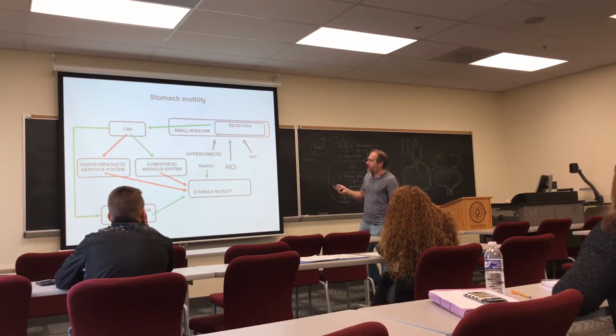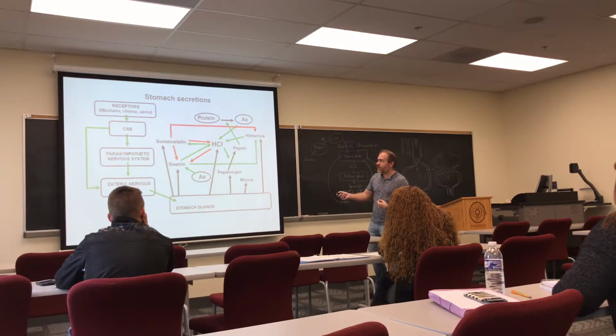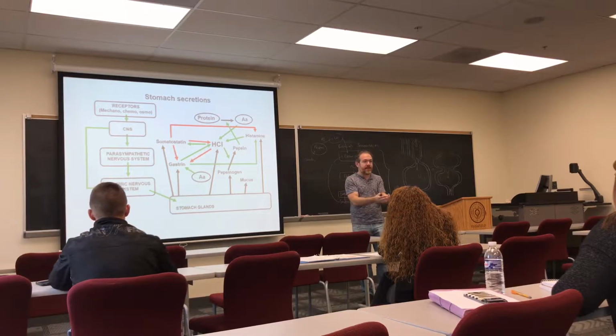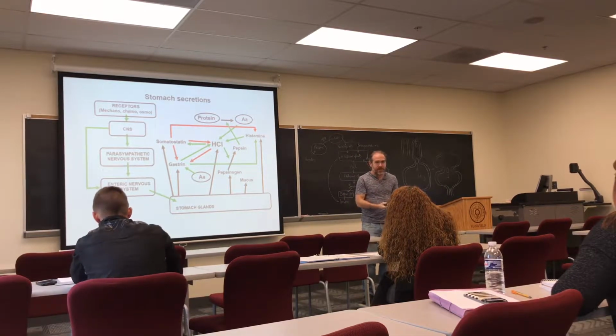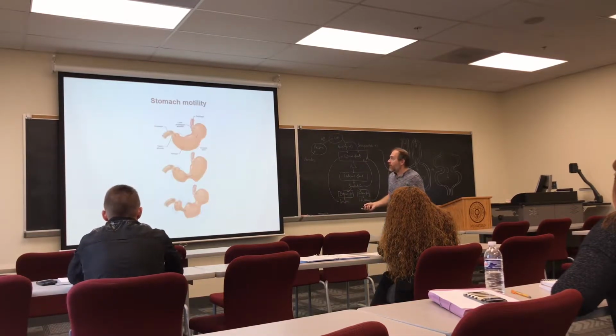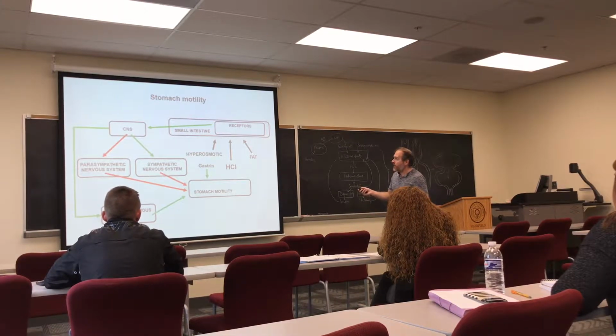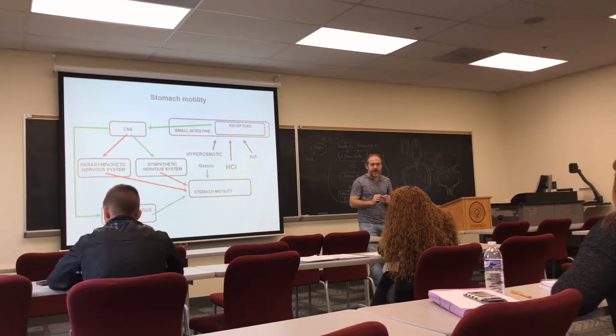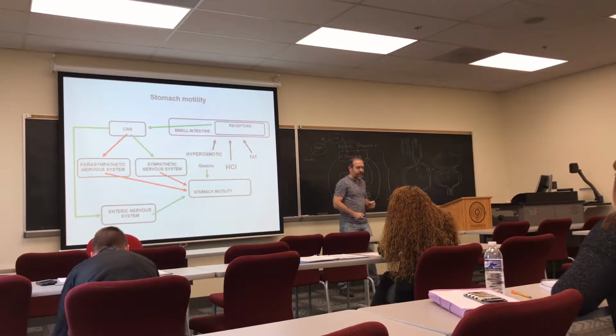You can see that we start with the receptors at the small intestine, right? Remember that to regulate the stomach secretions, we start at receptors located in the wall of the stomach that can detect the presence of food in the stomach. But here we are talking about receptors that are located in the walls of the small intestine, okay?